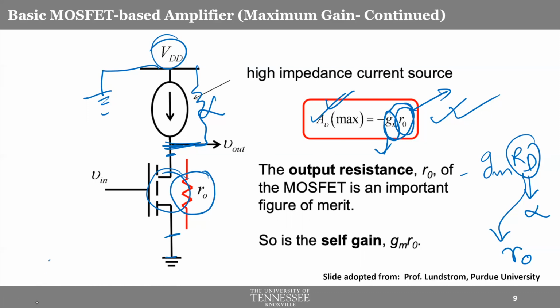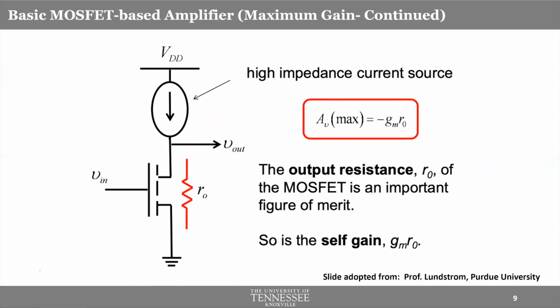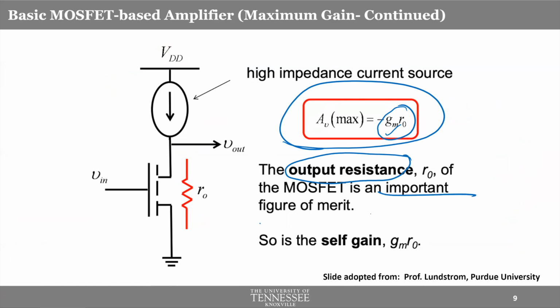Okay, so in summary, the maximum amount of gain that we can get out of an amplifier made of MOSFETs will be gm R0. R0 is the output resistance, gm is the transconductance, and like transconductance, output resistance is also an important figure of merit for a MOSFET.